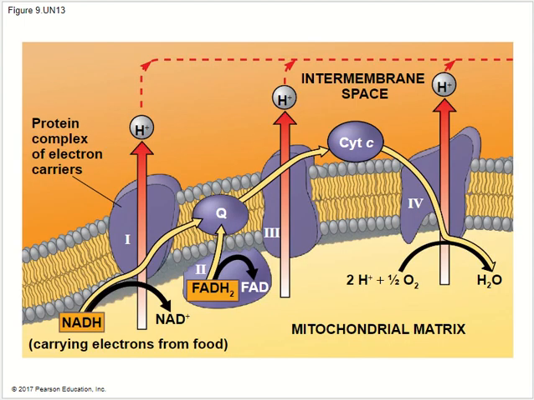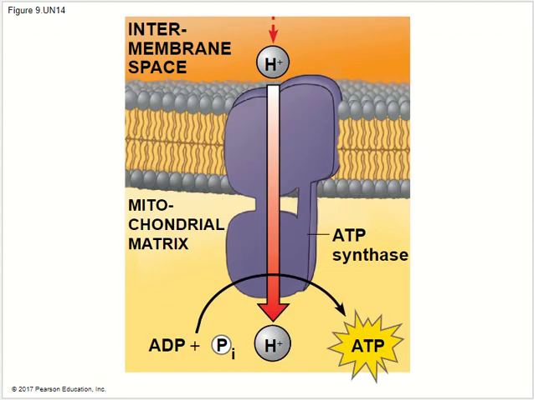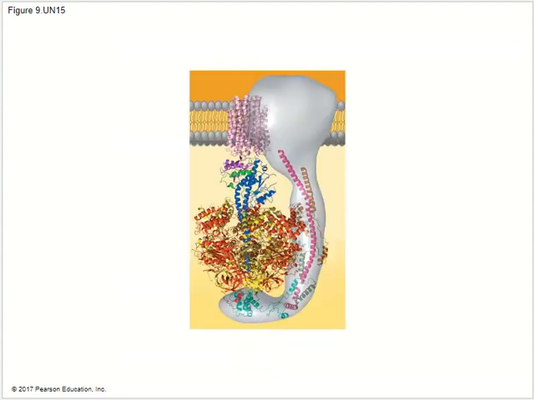And then each of those reduced molecules can donate electrons to release protons in the proton pump to eventually form multiple ATP.